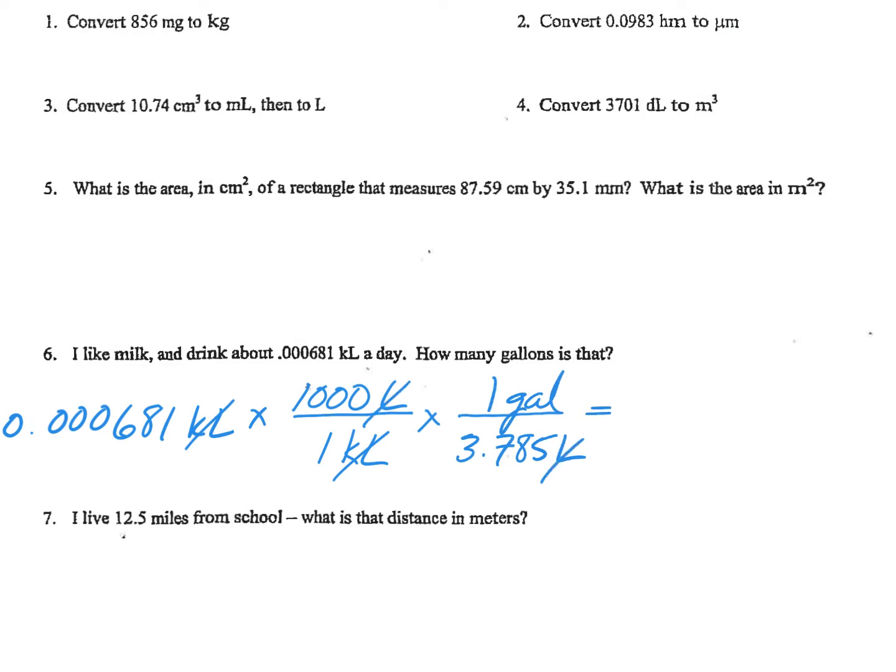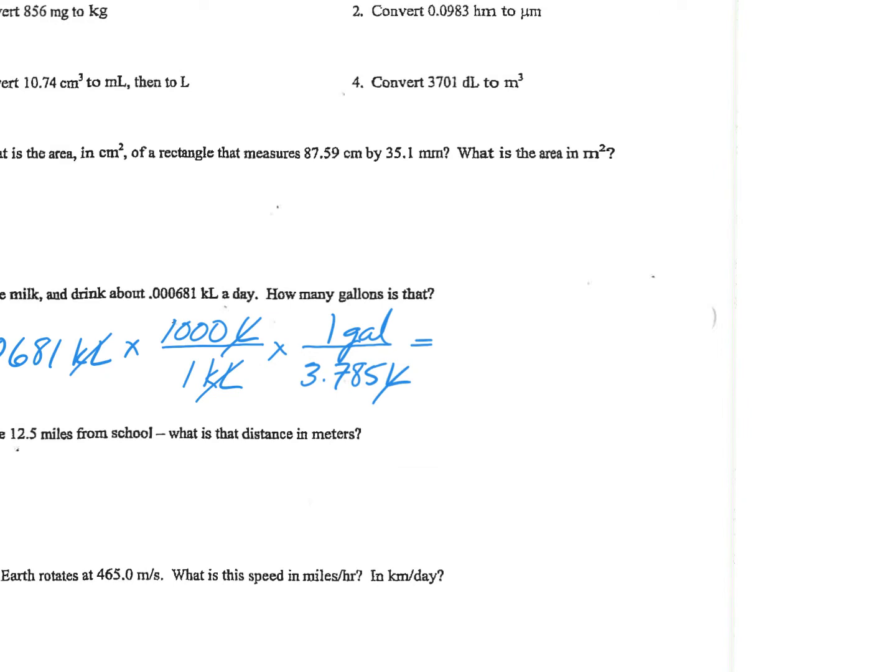Liters will cancel when I set it up like that. And now my answer is going to come out in gallons. Okay? Let's work this out. All right, my calculator is giving me this: 1.7992074. That would be gallons.